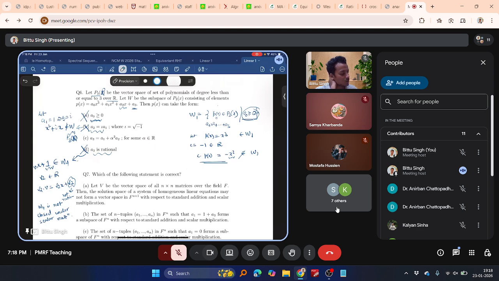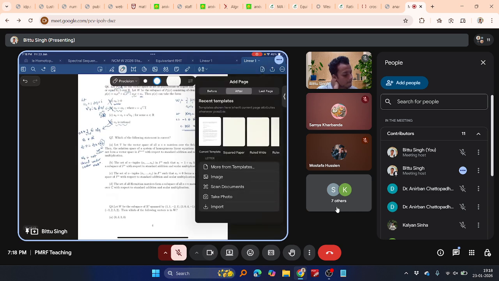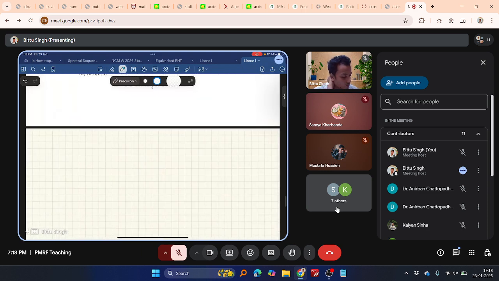So let us check this condition: A3 equals A1 plus alpha square A2, where alpha is a fixed real number.